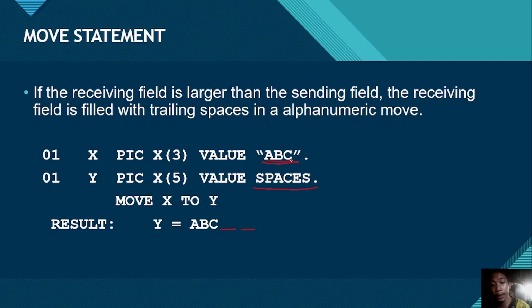We copy ABC to the y value, and then remove the remaining letters in the y value and fill it with spaces. So that's why constants are not always constant, and those values are not always constant.